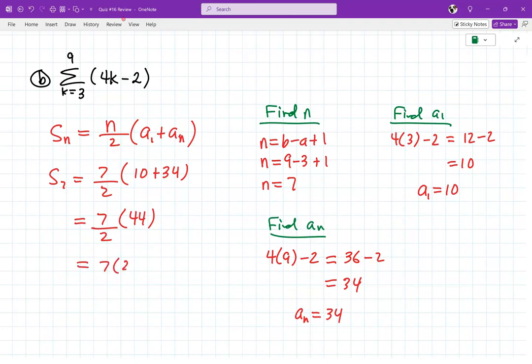So 7 times 22, right? And then 7 times 22, that's 154. That's S sub 7. That's the sum of the first 7 terms, or the terms from 3 to 9, I guess you could say.